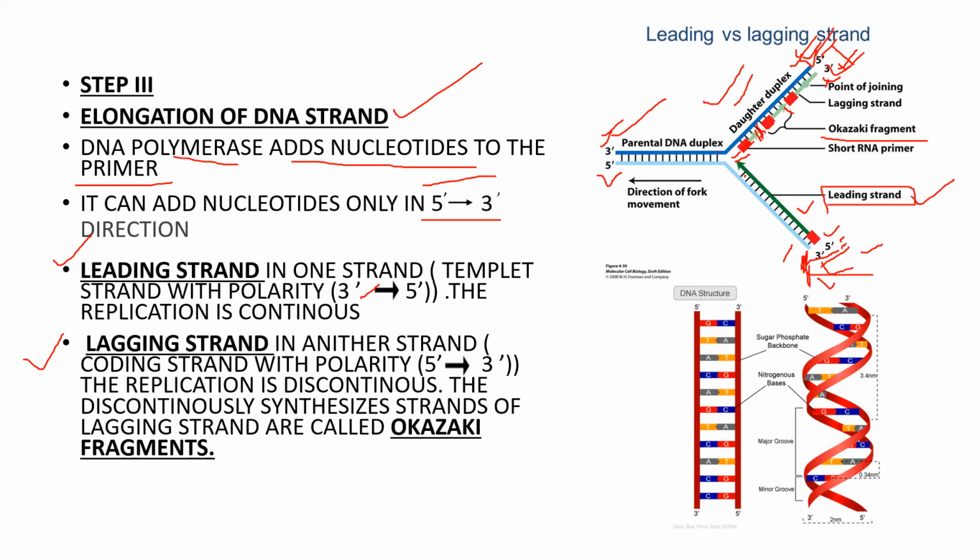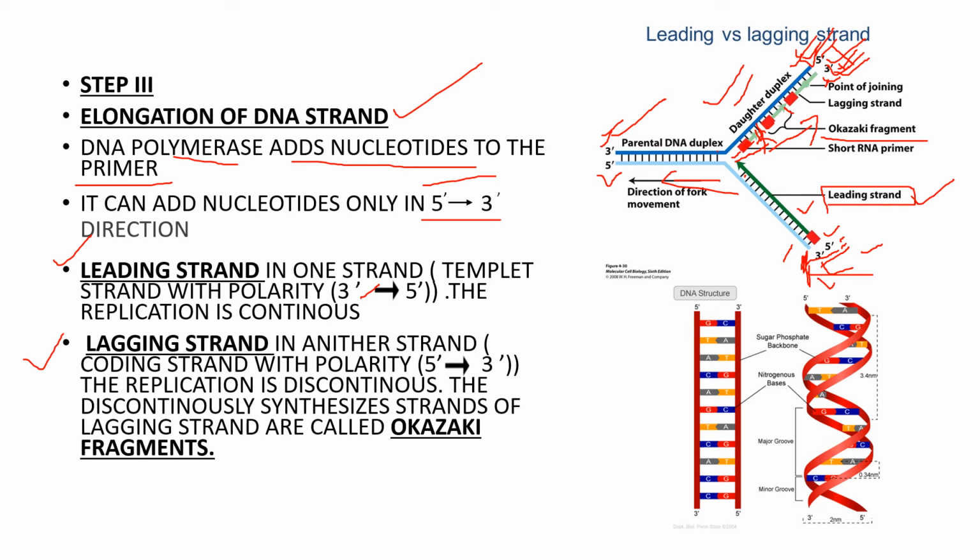One condition why this strand is discontinuous is because it is running in 3' to 5' direction. That is one. And the second is the elongation of the strand is happening against the force of uncoiling. So here the uncoiling is happening in this direction, and the addition of nucleotides is happening in the opposite direction in this strand.